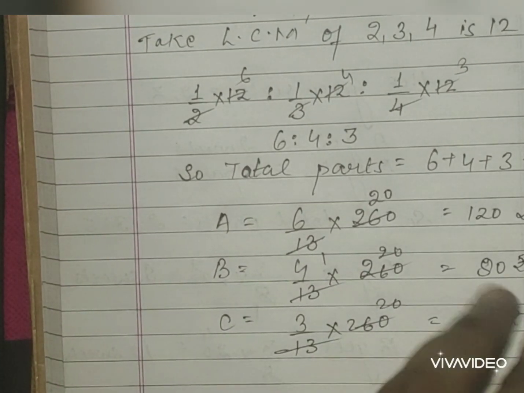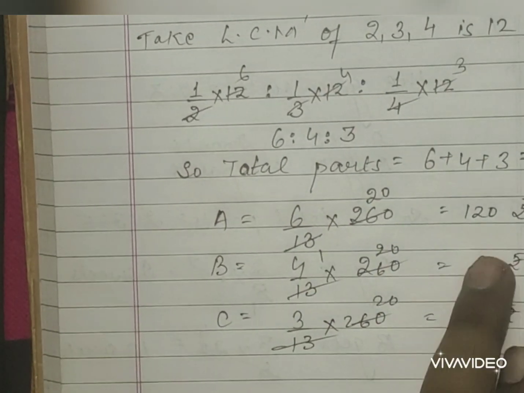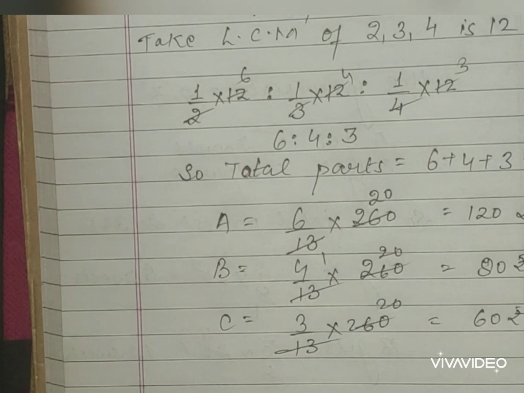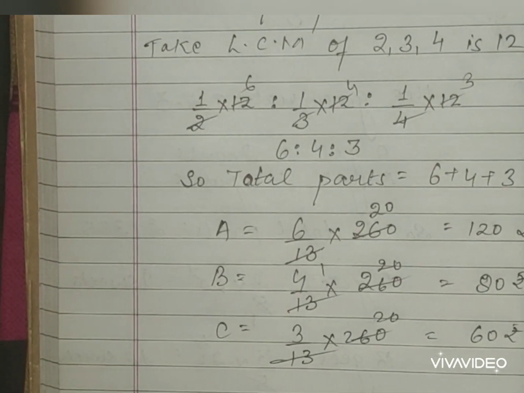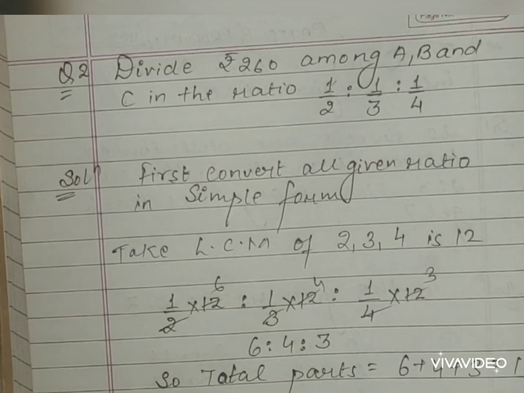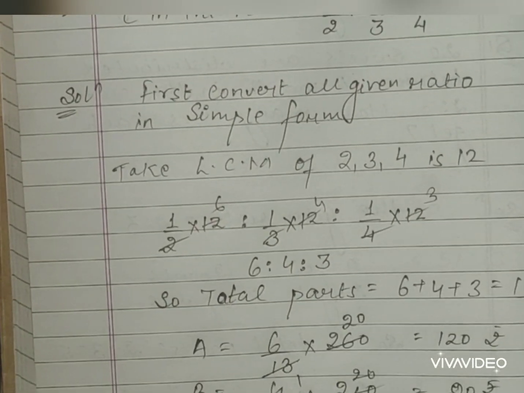So you got the answers. A is getting 120 rupees, B is getting 80 rupees, and C is getting 60 rupees. Okay, see it again.